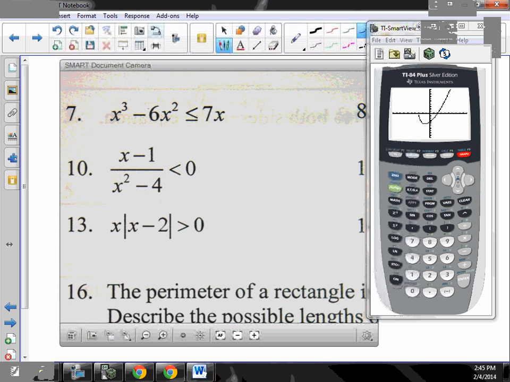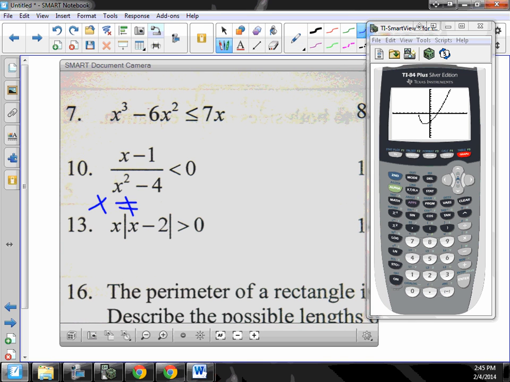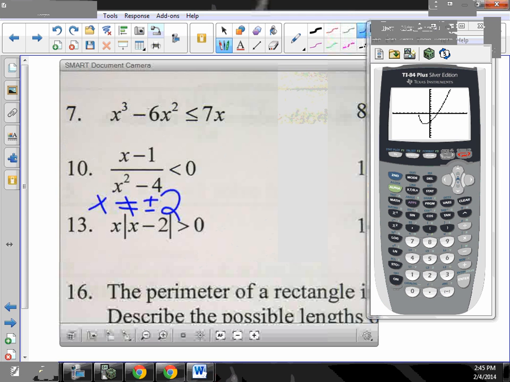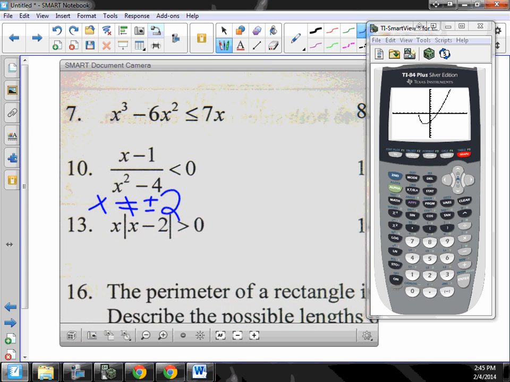So in the bottom, x is not allowed to be 2 and negative 2. Plus or minus 2. Everybody okay with that? Now, are these going to be holes or asymptotes? They're going to be asymptotes because they didn't cancel. Okay? I also need to know what the roots are.